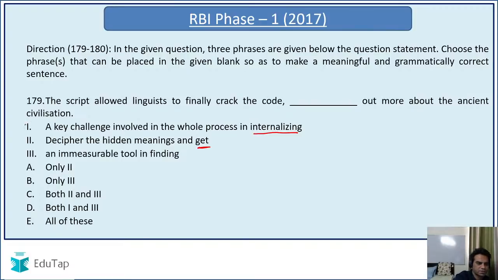So option 1 and option 2 can be eliminated looking at these grammatical mistakes. The correct answer is an immeasurable tool in finding out more. To find out more, that was the key. The script allowed linguists to finally crack the code, an immeasurable tool in finding out more about the ancient civilization. So the correct option is option number B, guys. Got it? Only 3 is the correct option here.